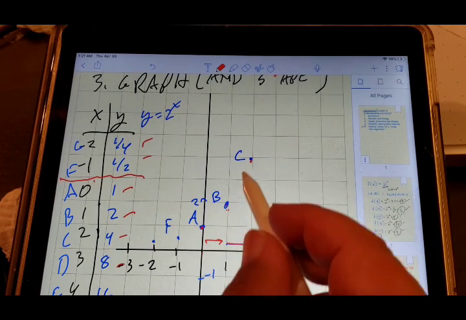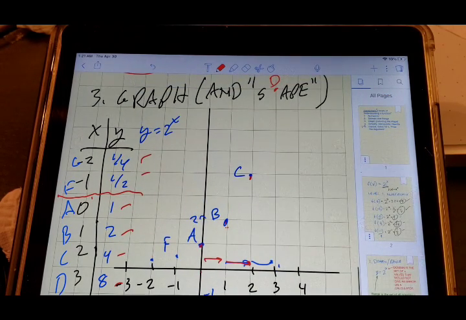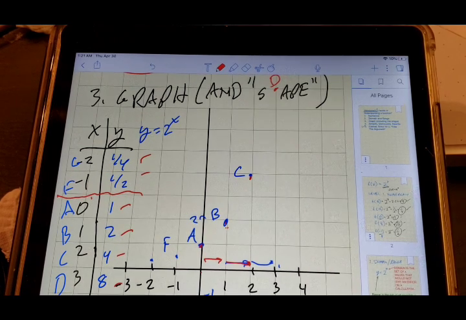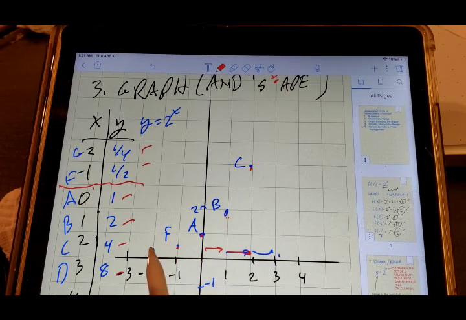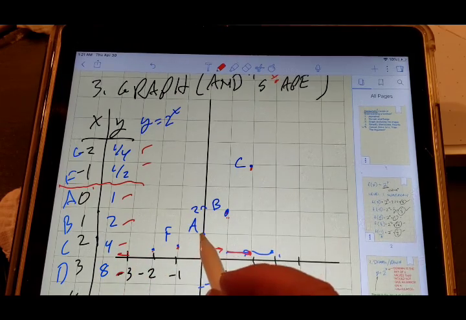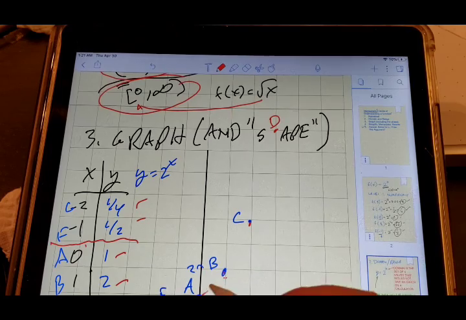So this one was 2, this one's 4. I take another step over, still twice as high. So all of the points just keep on doubling in height. And that is how exponential graphs work. If I go the other direction, it's half as high, half as high. So it cuts in half as I go in this direction, and it doubles as I go in this direction.